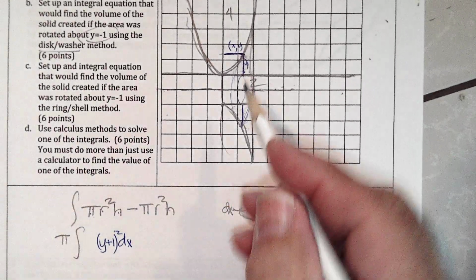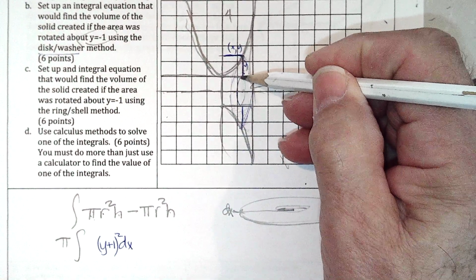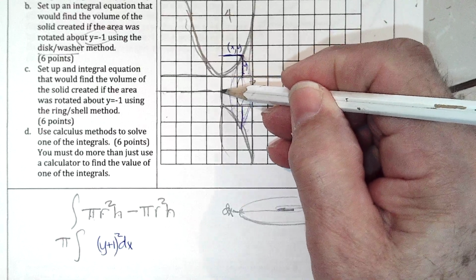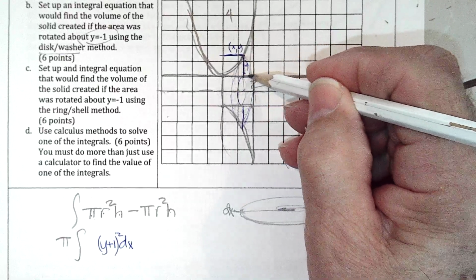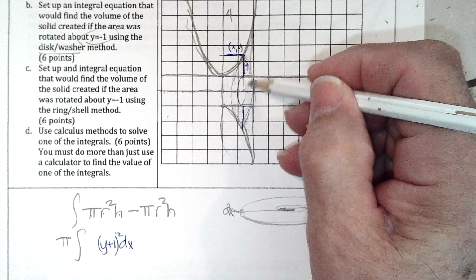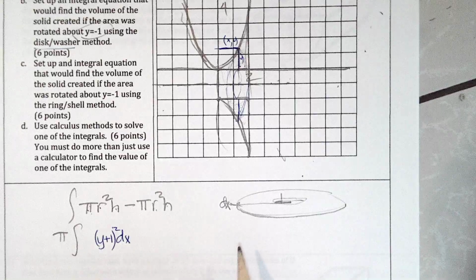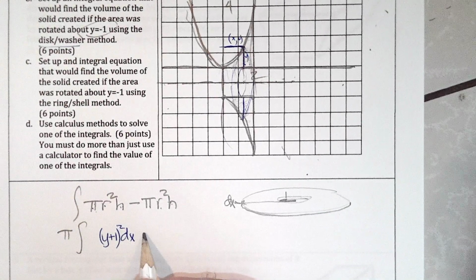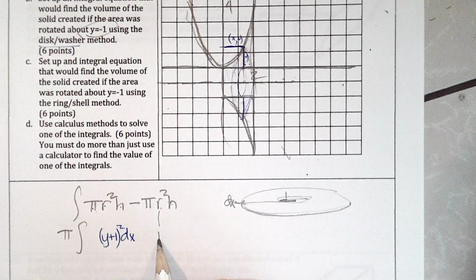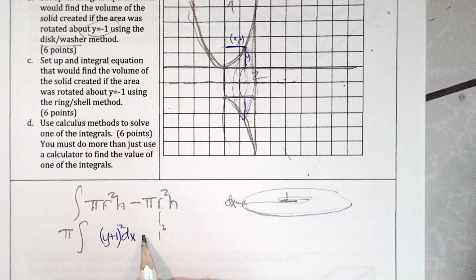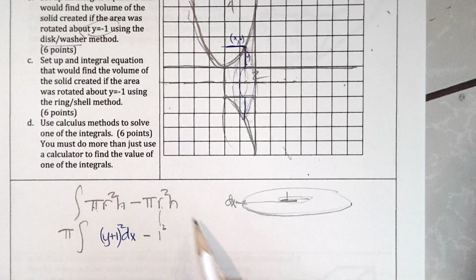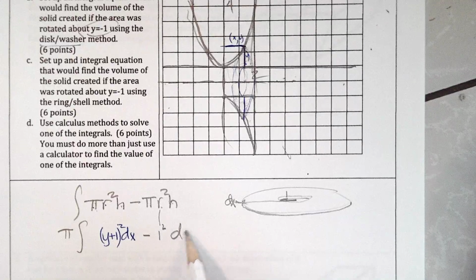I'll do pencil. The hole is determined by this line and the x-axis, which are always 1 apart. So the radius for the hole stays 1 the whole time. So this is 1, and we got to square it. And this is also a dx.